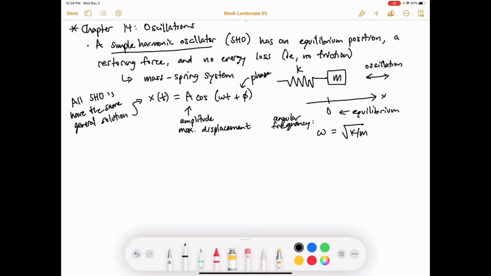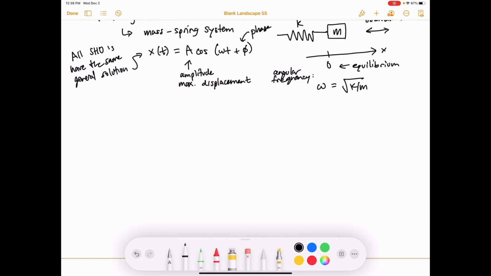Okay, in other words, it doesn't matter if we're talking about a mass spring system or a different type of simple harmonic oscillator, the general solution for the motion is going to look like this. The only difference is the omega might be given by a different equation.